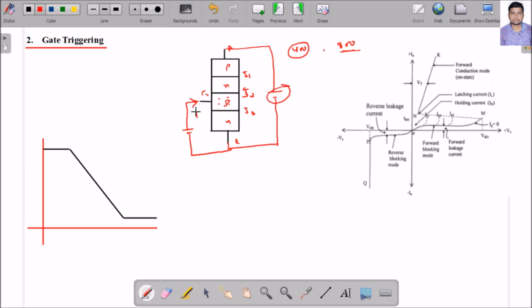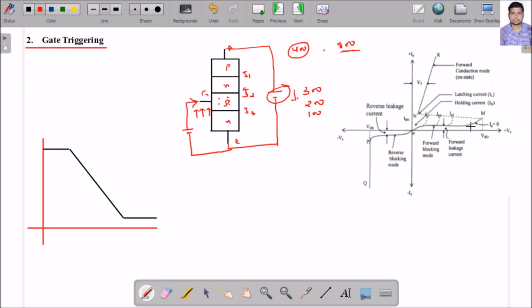If the gate current increases, the voltage requirement reduces. Suppose previously the voltage was 300 volt with some gate current; if I increase the gate current, the requirement reduces to 200 volts, and again if I increase it, it reduces further. So there is no need to give the voltage up to VBO. At a lesser voltage also I can turn on the thyristor by applying the gate signal.